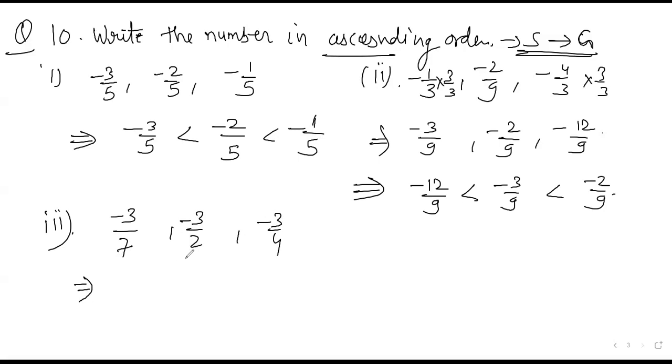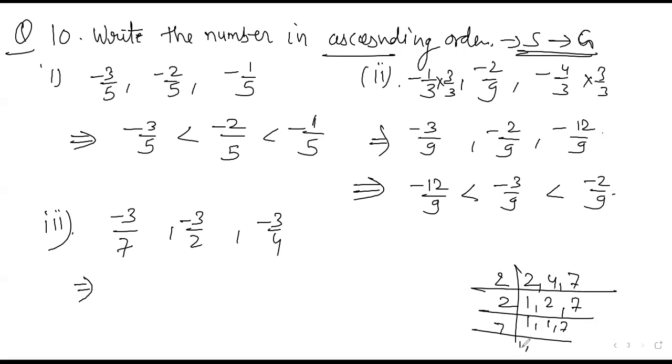So LCM, as I'm trying to find the LCM, that is 14 is the LCM of, no, not 14. 7, 2, 4: 28 is the LCM, right? So LCM will be 28.